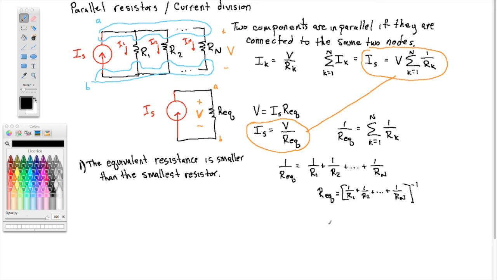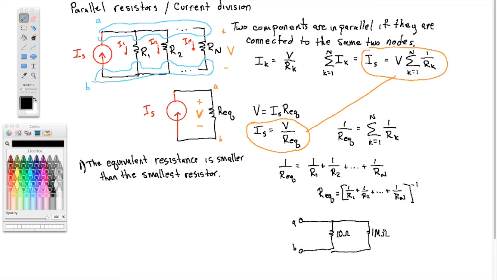Let me give you an example. Let's say we have 10 ohms here, between nodes A and B. 10 is very small. But now let's say I introduce something really large in parallel: 1 mega ohm, for effect.